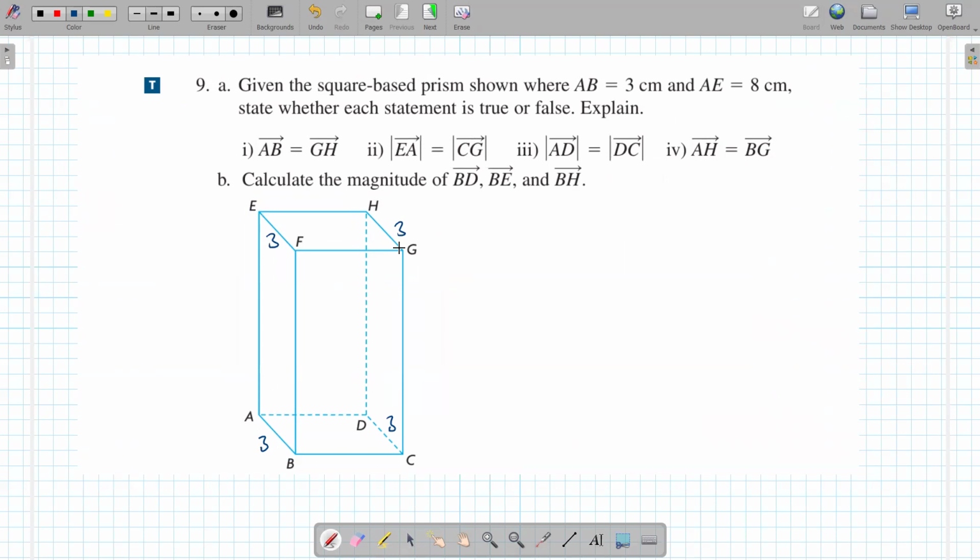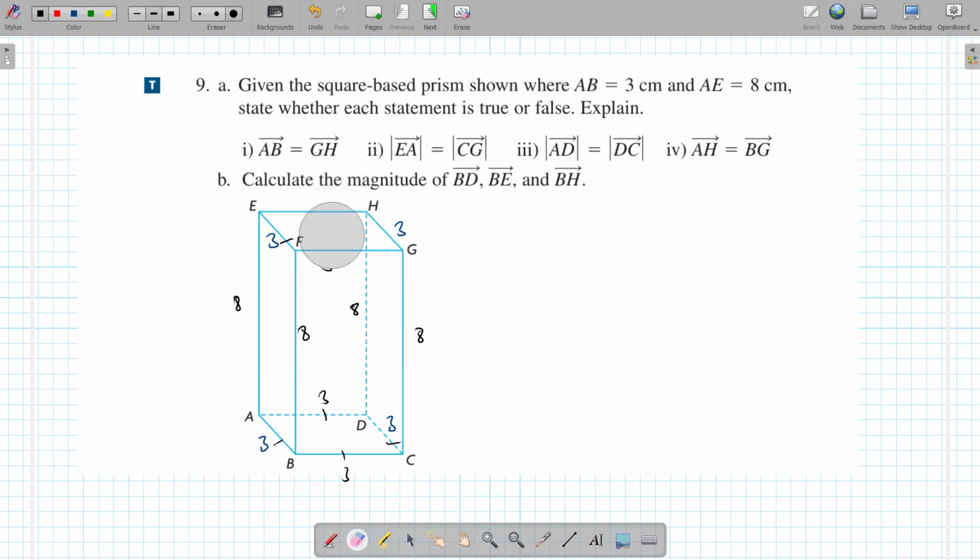AE is 8. All right, so if AE is 8, which other sides are 8 units in length? HD, and then GC. And because it's a square, all of these sides are also 3. It's a square base prism. So the base is a square, like that.